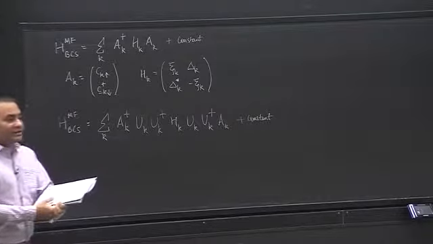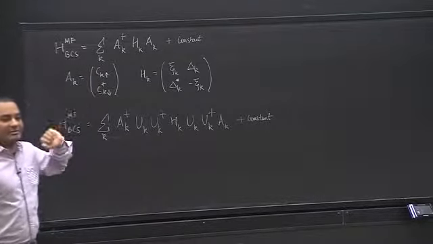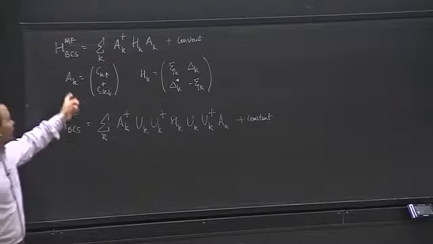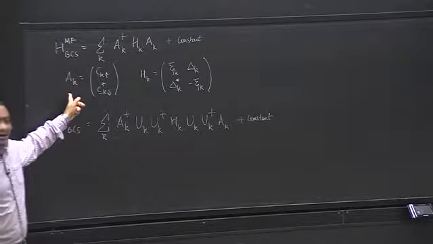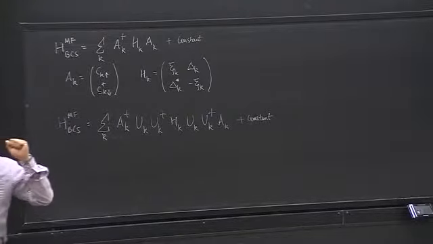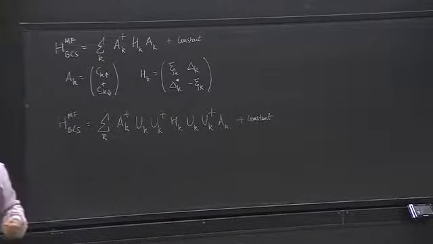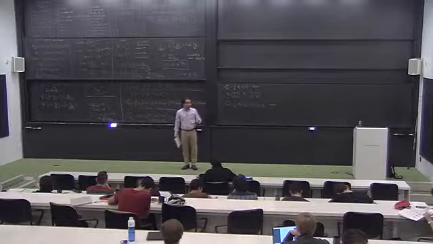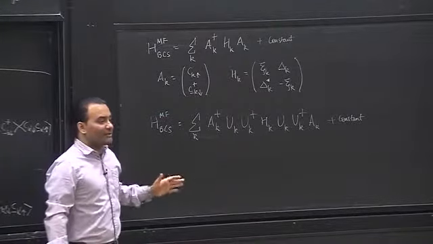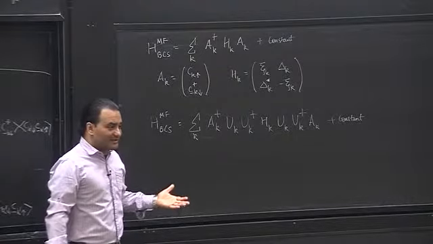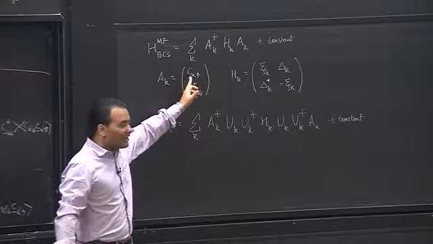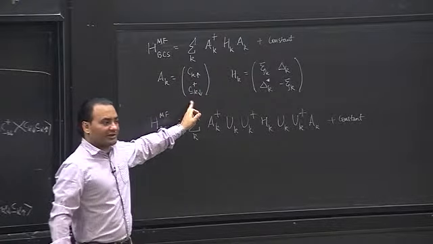So you can see that if we try to diagonalize this Hamiltonian, we have to apply a unitary transformation to this vector AK, which is a vector that consists of an annihilation operator and a creation operator. So here already we can see that when we diagonalize this Hamiltonian, the new eigenstates will be a superposition of annihilation operator and creation operator.